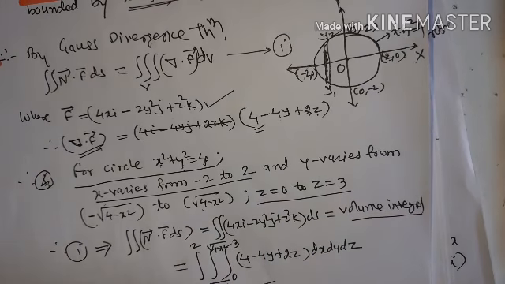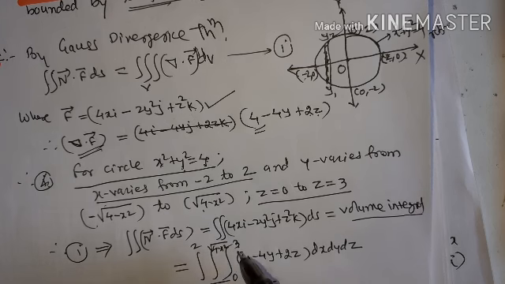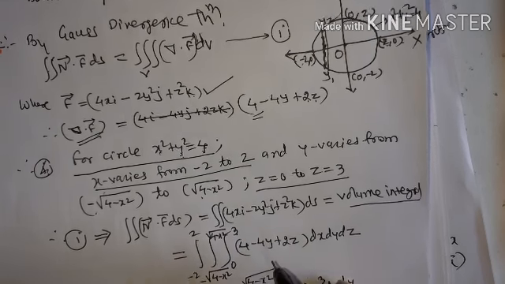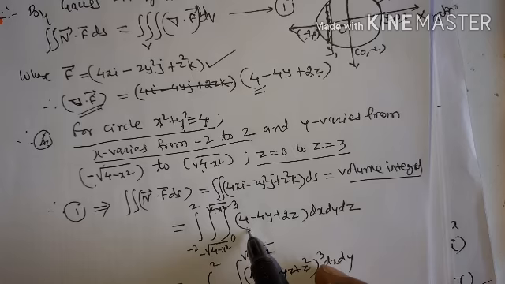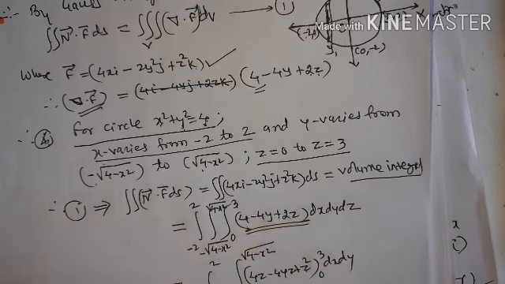This volume integral equals the triple integral with x from minus 2 to 2, y from minus root of 4 minus x square to plus root of 4 minus x square, and z from 0 to 3, of the divergence of F bar, which is 4 minus 4y plus 2z, dx dy dz.